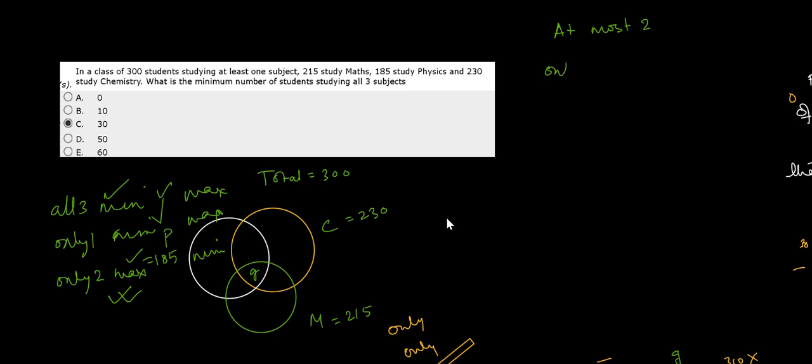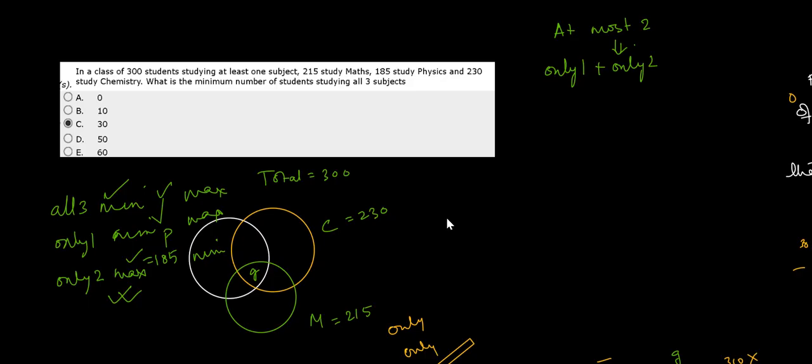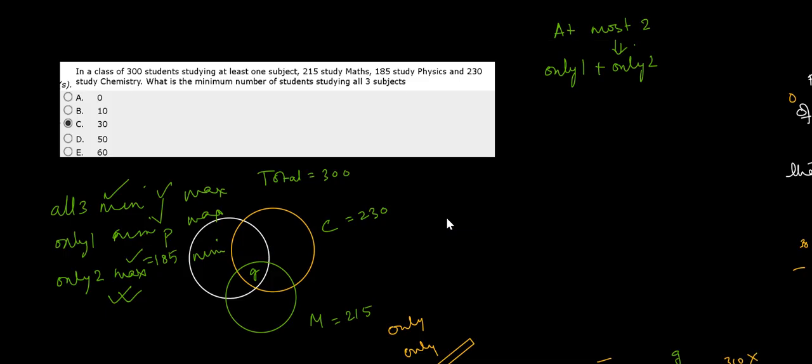That means only one or only two. Only one plus only two. This is the meaning of at most two, right? We are asked the maximum number of students who study at most two subjects. So at most two will be this, right?